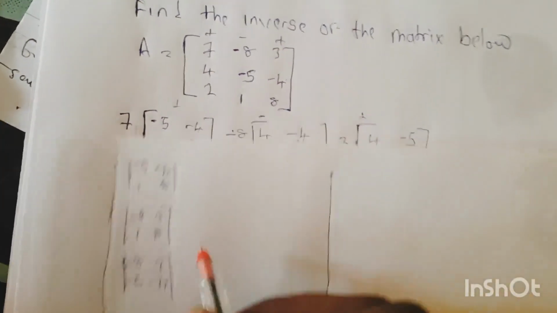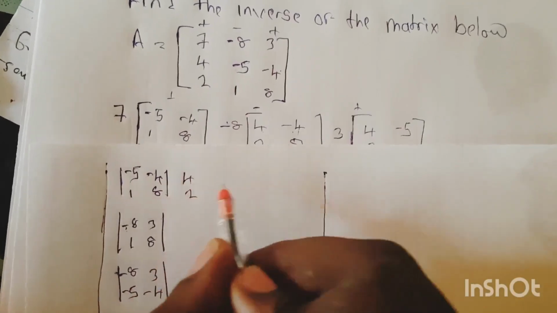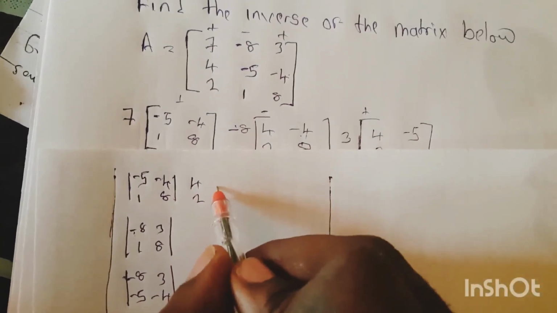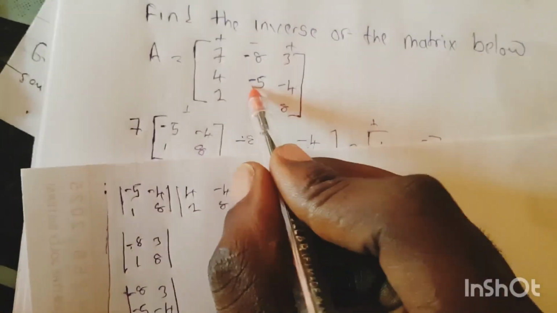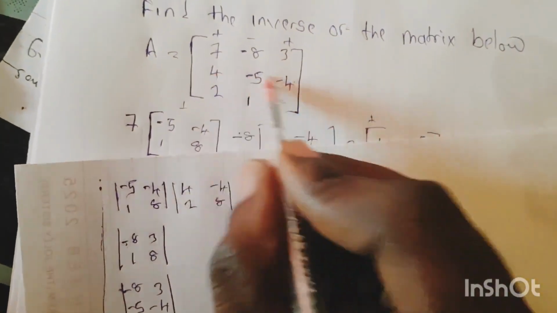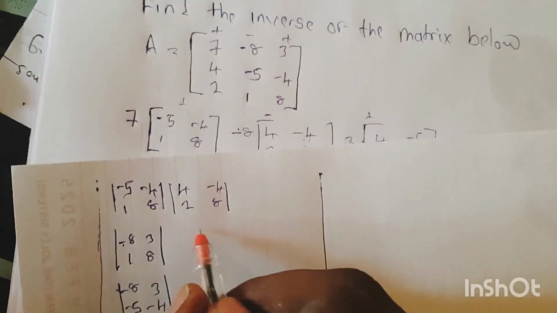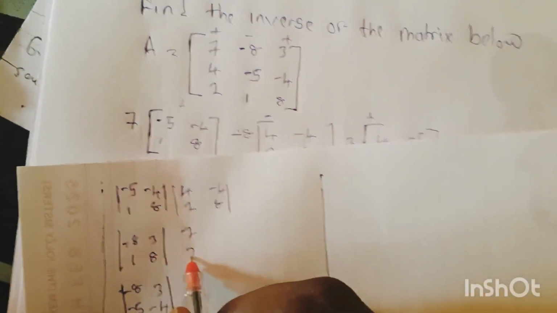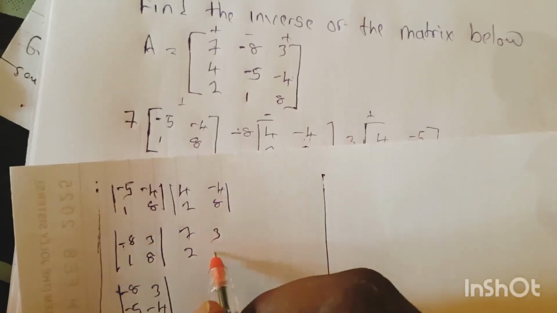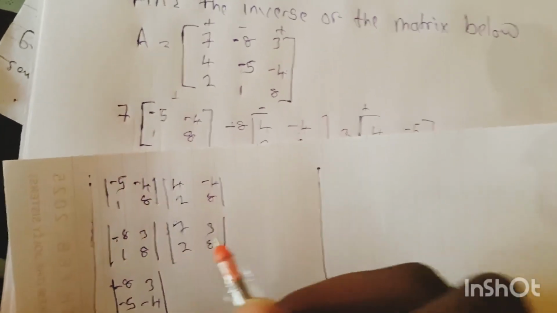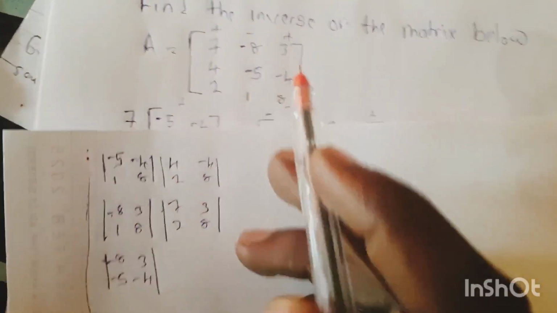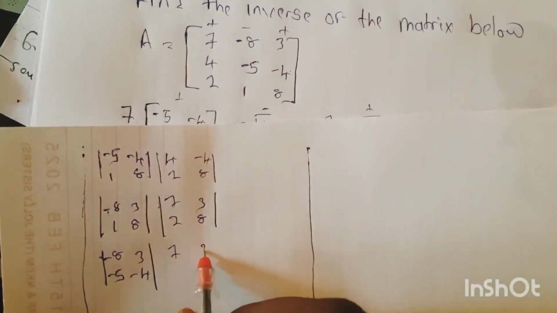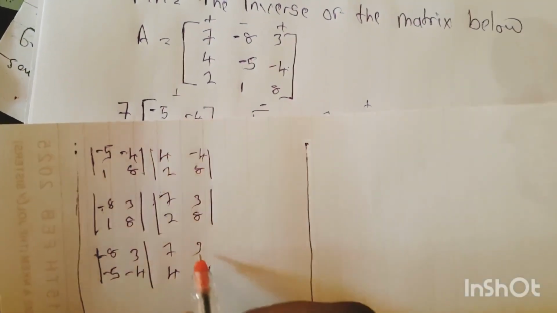Now we'll come to this 8, strike. I'm going to have 4, 2, -4, and 8. We'll come to this one, strike like this. So we have 7, 2, 3, and 8. Now this one strike here, so we have 7, 3, 4, and -4.